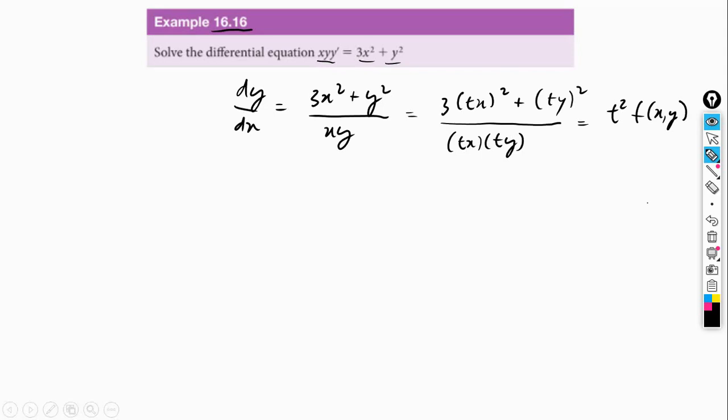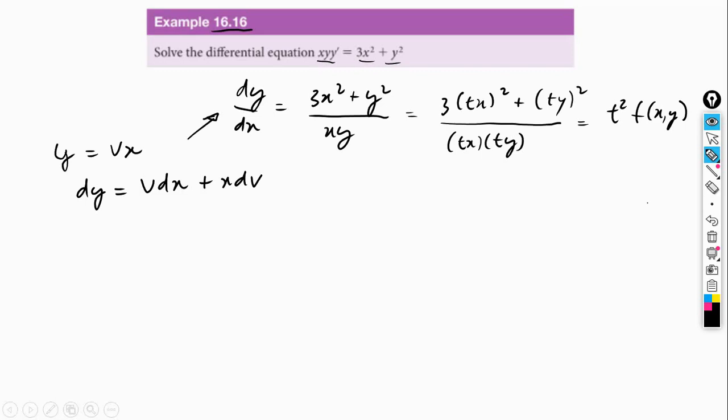So the trick here is to do a substitution. We're going to substitute y for v times x. And notice then the derivative of y is going to equal, applying the product rule, v times the derivative of x plus x times the derivative of v. So now we proceed to substitute y and the derivative of y in the original differential equation.